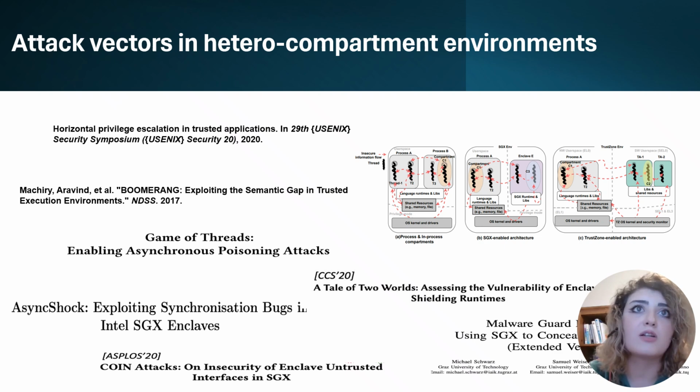Another form of compartment is the process, a form of OS based compartment, the traditional unit of isolation. And there are all kinds of attacks on it, you can see some of them here, like Cooin and Game of Threads.